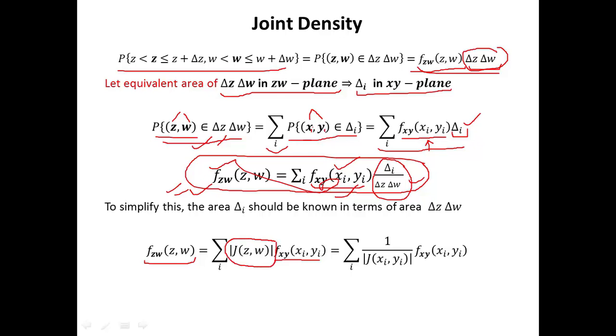It means we are representing this ratio delta I by delta Z delta W by this new quantity, the determinant of Jacobian JZW, which is equivalent to 1 by the determinant of Jacobian xi yi. How we are replacing this ratio by these two determinants and what their actual expressions are will be clear in the next slide.